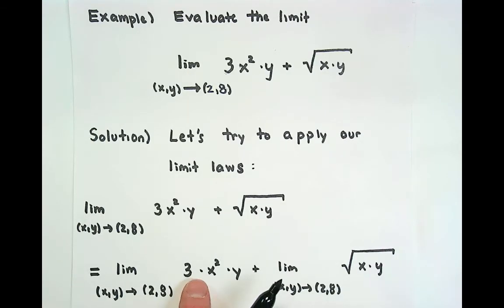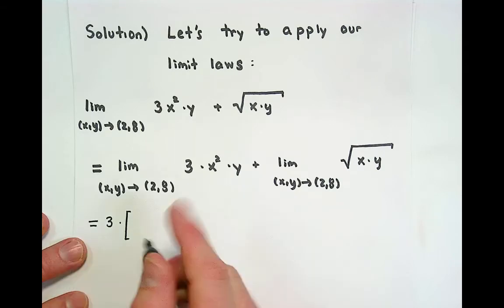Here, it looks like we're going to have a product and a constant multiple. We could probably bring the constant multiple out and say that this is 3 times, and then I don't know if we want to do at the same time the product. It sounds kind of fun, doesn't it?